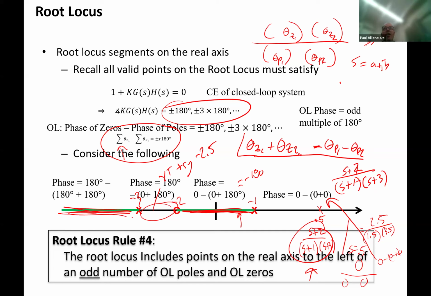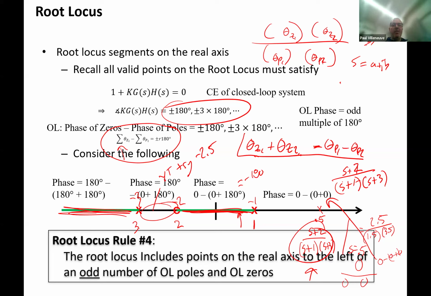So how do I know the odd poles and zeros? I start labeling them. This is pole or zero number 1. This is pole or zero number 2. This is pole or zero number 3. Notice I'm not saying it's pole 1, zero 1, pole 2. I said pole or zero 1, pole or zero 2, pole or zero 3 that live on the real axis.